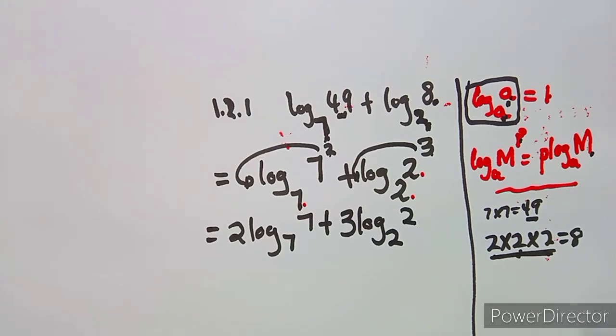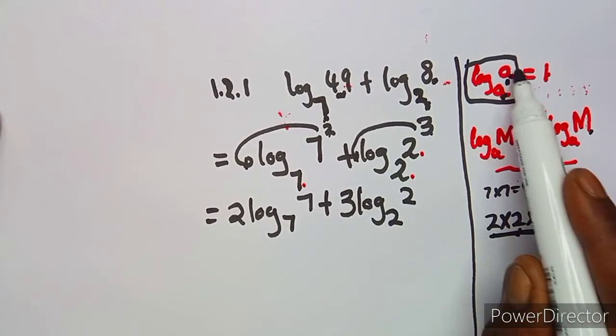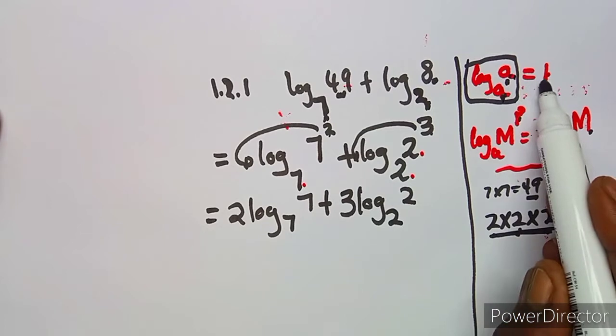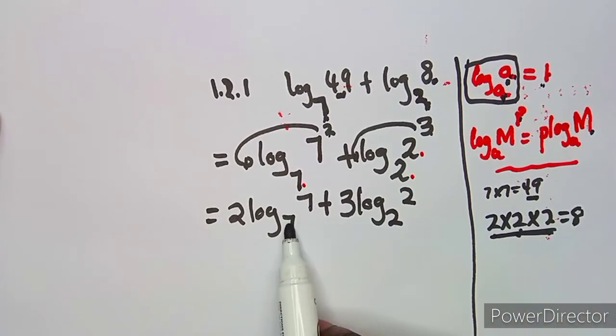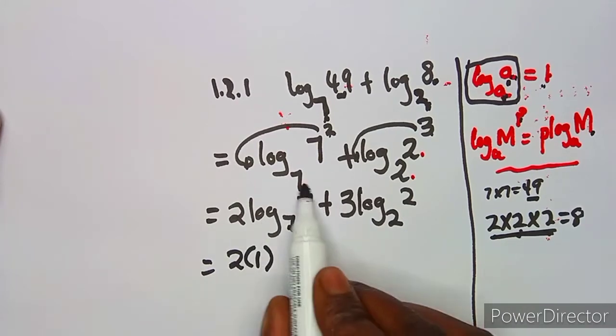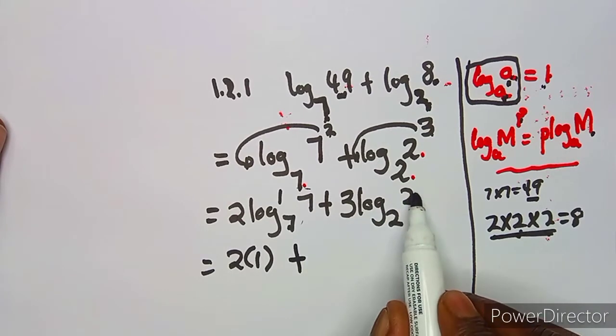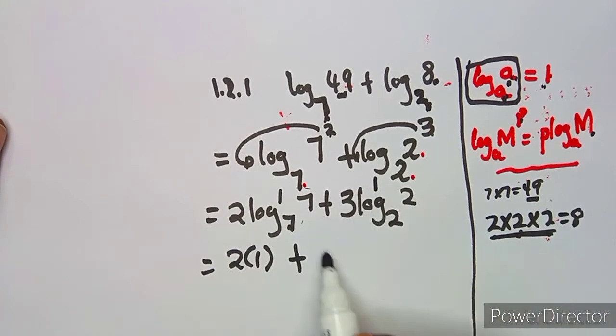Once at this condition, we are done, because what we needed is this part, to have a number and a number which are the same to obtain 1. So we have got 7 and 7, which means we are going to obtain 2 times 1, plus the same here, 2 and 2, all this is going to give us 1.